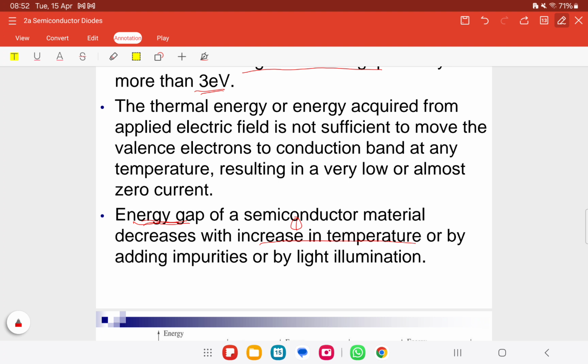So the second process that we can do is by adding impurities. We add one or two elements so that the pure semiconductor is not pure anymore. We add an element into its element. We add impurities.